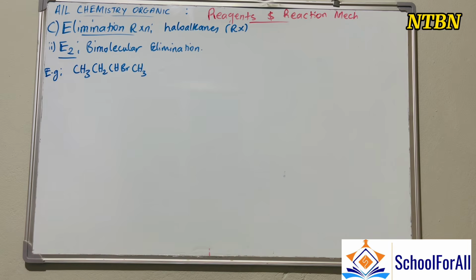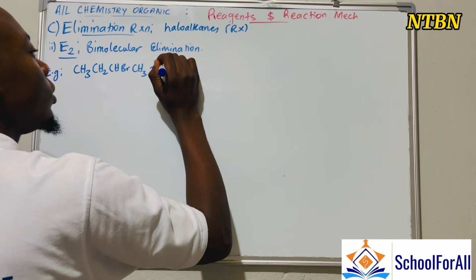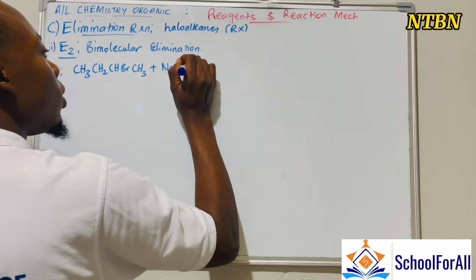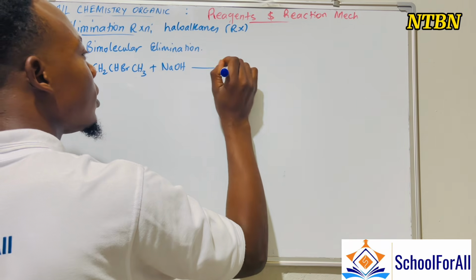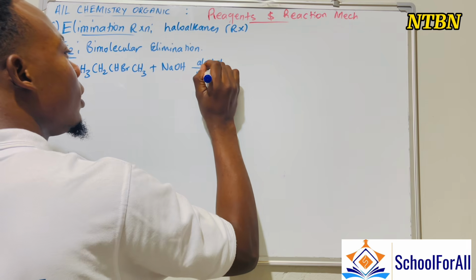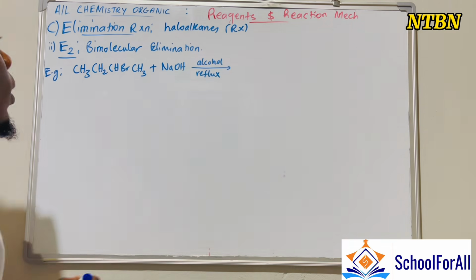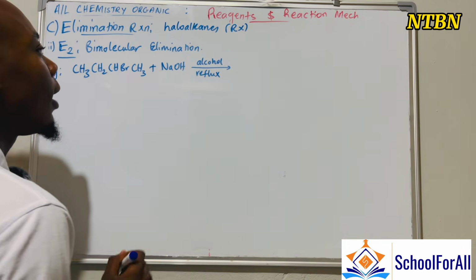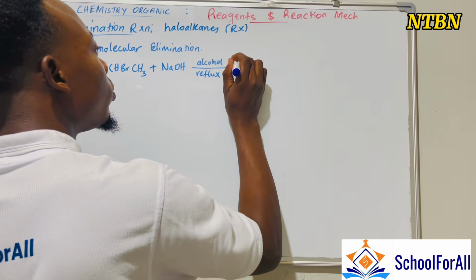Now I'm having such a compound. I react with sodium hydroxide in the presence of an alcohol under reflux. What will happen here is that I can have two products.